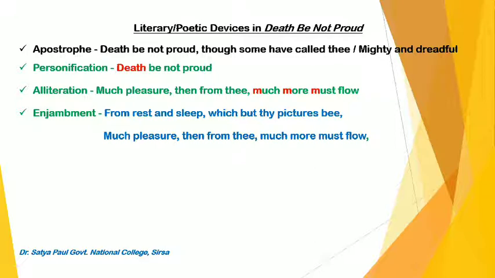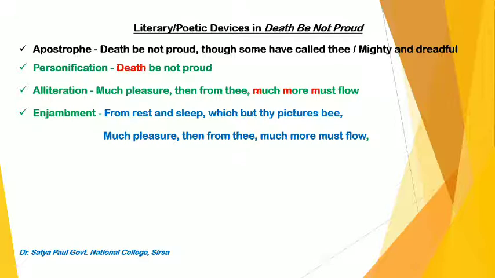And enjambment signifies continuity. If one line doesn't end at the end of the line and the idea moves to the next line, then it is called enjambment. While discussing Shakespeare's sonnet Let Me Not to the Marriage of True Minds, I discussed it in detail. You must have that lecture in your mind.